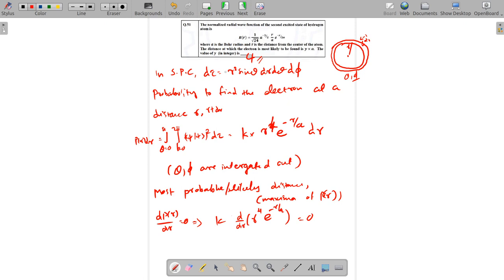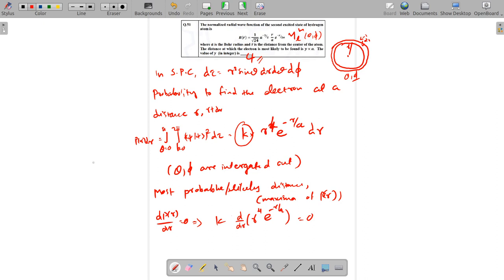Given that it is a normalized wave function, the theta and phi components will be there in terms of the Y l m spherical harmonics. So that we don't have to consider because these are already normalized wave functions. So once we integrate out, you basically get a 2 pi whatever. There is some quantity which is not relevant for this problem at least. So that k is some constant times.